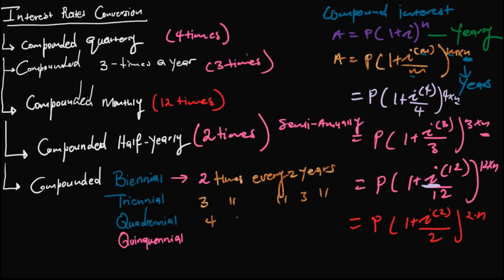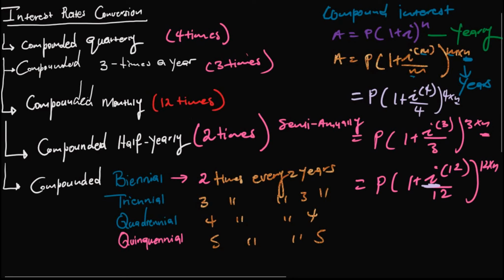Quadrennial is 4 times every 4 years. Quinquennial is 5 times every 5 years. So you can have other compoundings. They will just be the same. So I'm going to do biennial as well as quinquennial. It's just the same as for triennial as well as for quadrennial.